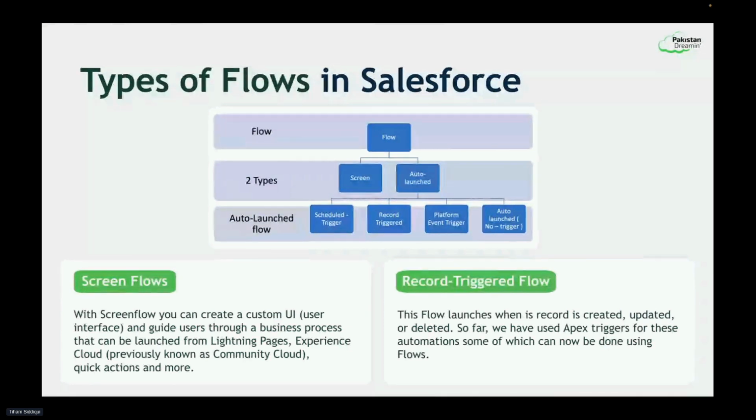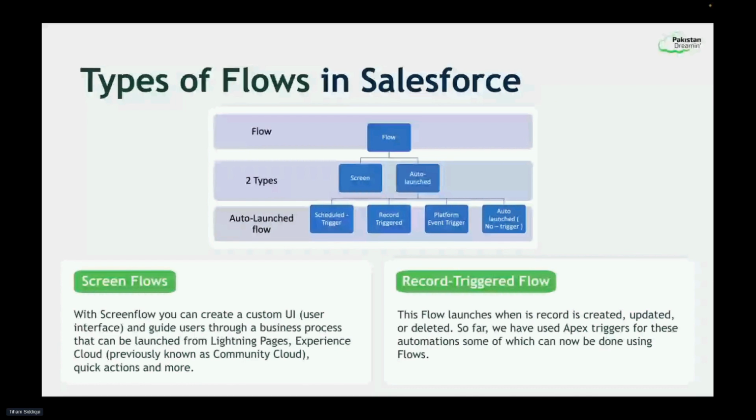First of all, schedule triggered is equivalent to a batch process. Basically, if you schedule any class in Salesforce, it is equivalent to that. So, for example, I want all my leads created today to be marked as junk, or marked as important.